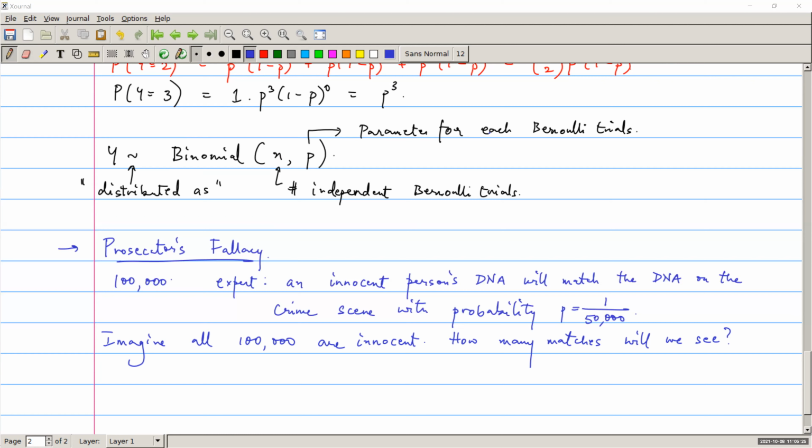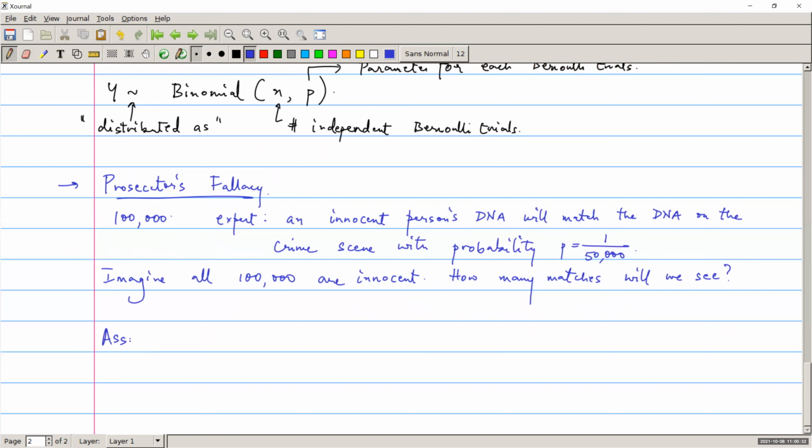Now let's make an assumption. This is an assumption that we can remove, but we are making it simply to fit into something that we have seen, and we'll see how to remove it.